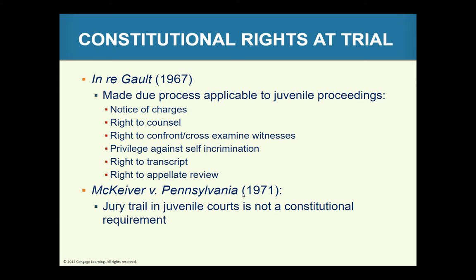It really reshaped the constitutional and philosophical nature of the juvenile court. It made it more similar to the adult system. In re Winship set the beyond a reasonable doubt standard of proof in juvenile delinquency adjudication hearings, which basically made it equal to the requirements in the adult system.